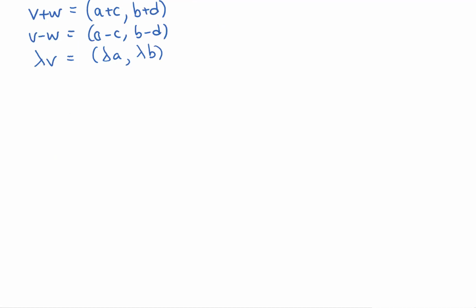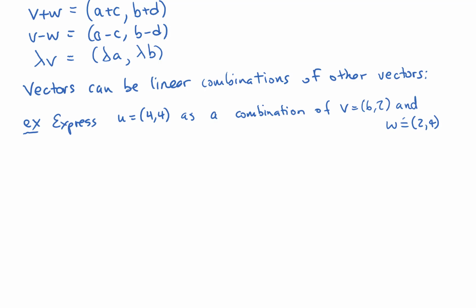As well, vectors can be linear combinations of other vectors. So for example, we could express U, the vector 4, 4, as a combination of V and W, V being 6, 2, and W being 2, 4. And the way that we go about doing that is we think about vector V having some scalar, we'll call it S, applied to it.